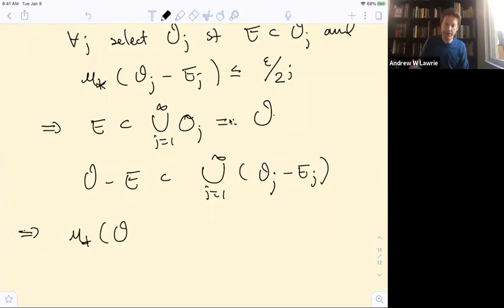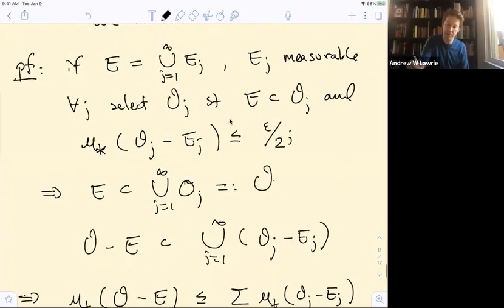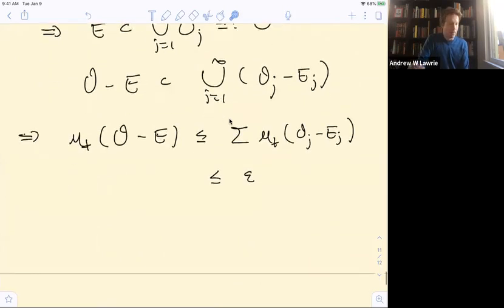Openness is preserved under countable union. So the exterior measure of O minus E is less than or equal to the sum of the exterior measures of Oj minus Ej, which is less than or equal to epsilon, because I just sum up epsilon over 2 to the j.